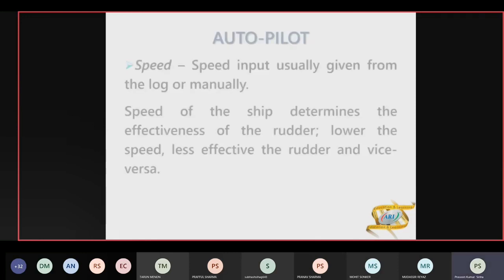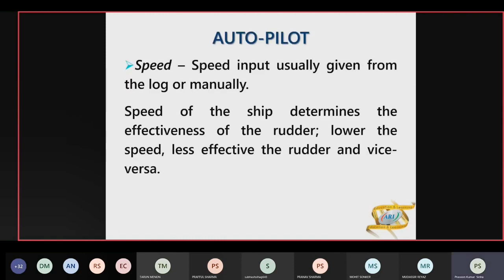Third input is the speed input. The steering behavior of the autopilot should change at different speeds, and so the speed input may be given to the autopilot system. Of course, there is a lot of integration on the ships nowadays. So this input is coming from the speed log.